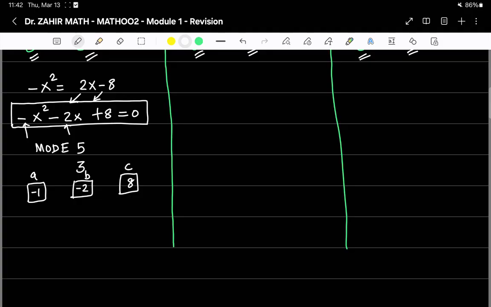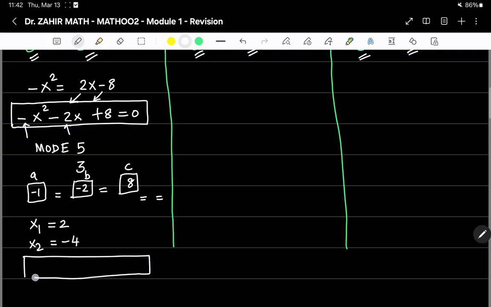So I'll also go to the calculator. Mode 5, 3. Minus 1, press equal. Then minus 2, press equal. Then 8, press equal. Press equal again. So I get x1 is equal to 2. Then I get x2 is equal to minus 4. So my answer is x is equal to 2, minus 4.